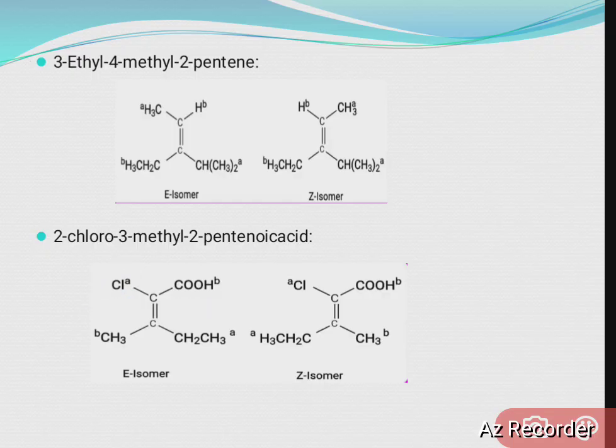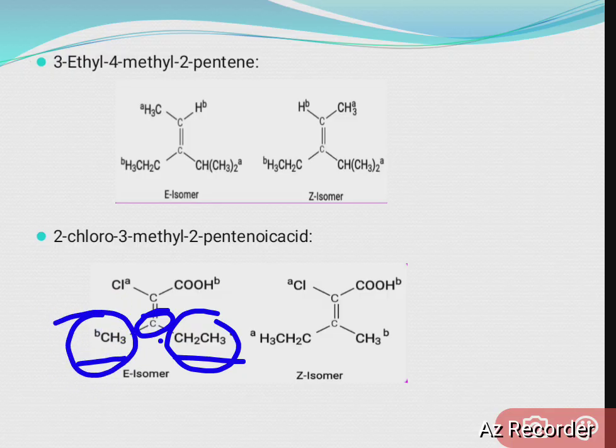Okay, next coming to this next carbon atom. Here, to this carbon atom, one is a CH3 group, the other one is an ethyl group. Okay, which one has the highest priority? Ethyl has the highest priority, hence it is represented as a and this methyl group is represented as b.